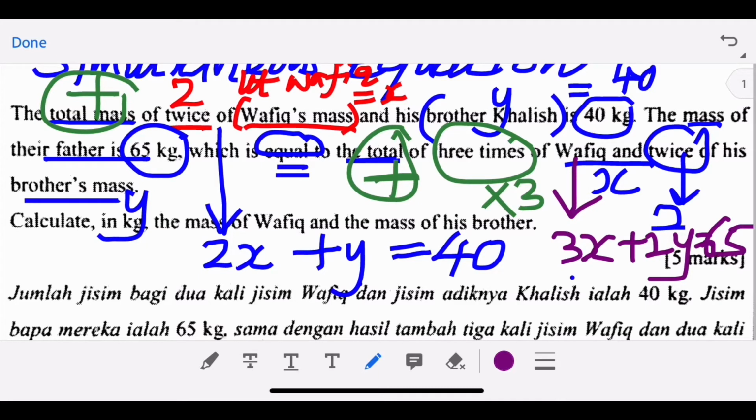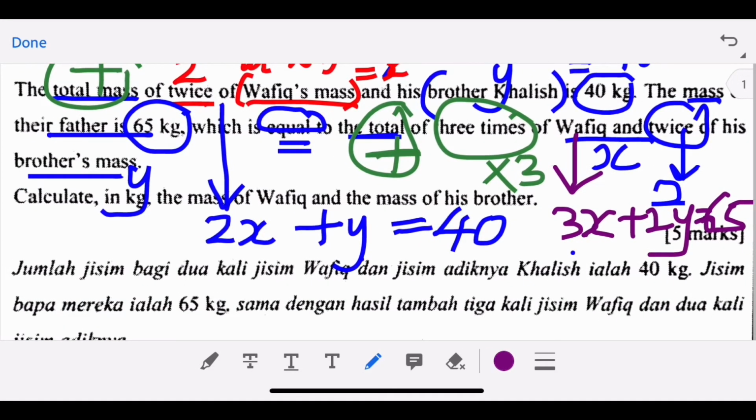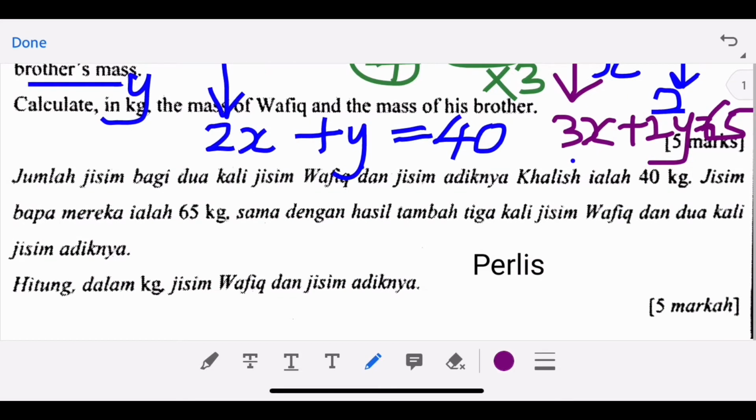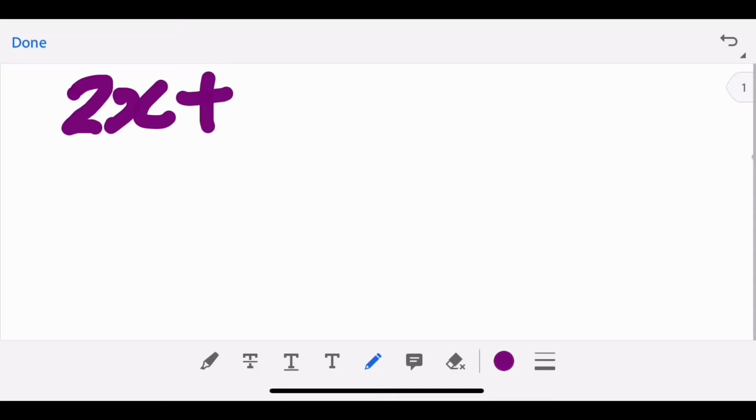You can either solve it using elimination, or you can substitute, up to you. So let's say we substitute the y. From the first equation, we will express y in terms of x, and then we will try to solve the equation. Now I'm going to show you how to solve the simultaneous equation.